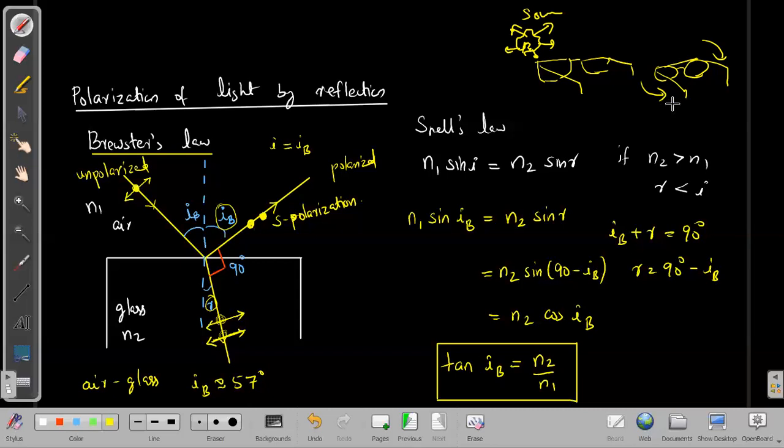Then there will be extinction of light two times if you rotate it by 360 degrees. If that happens, then it is guaranteed that both glasses are Polaroid glasses.